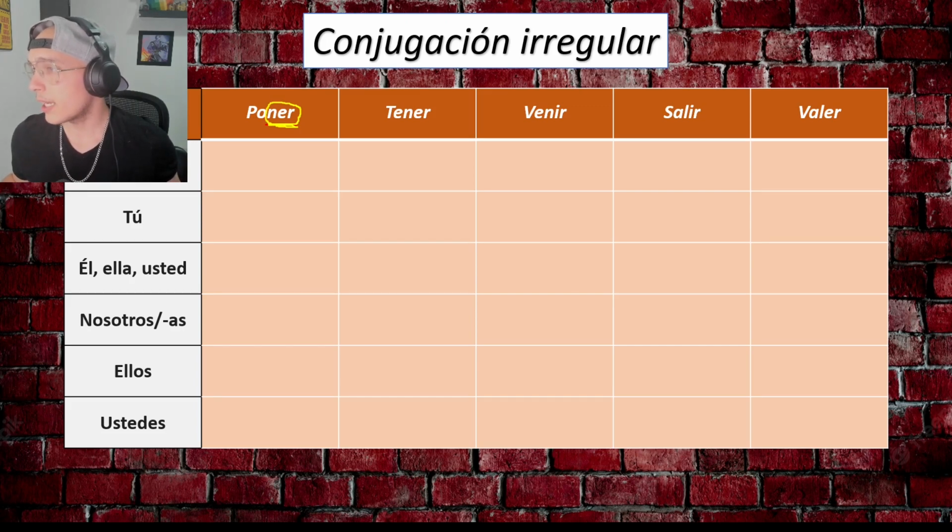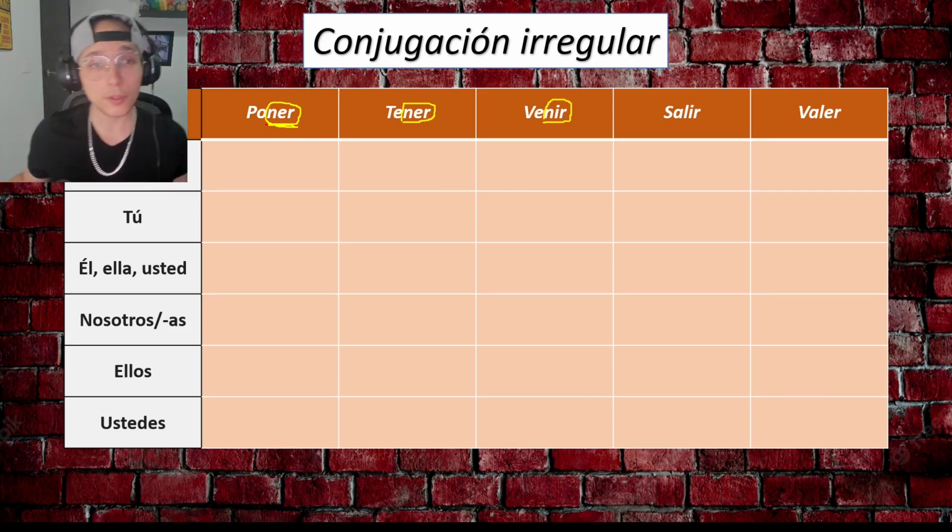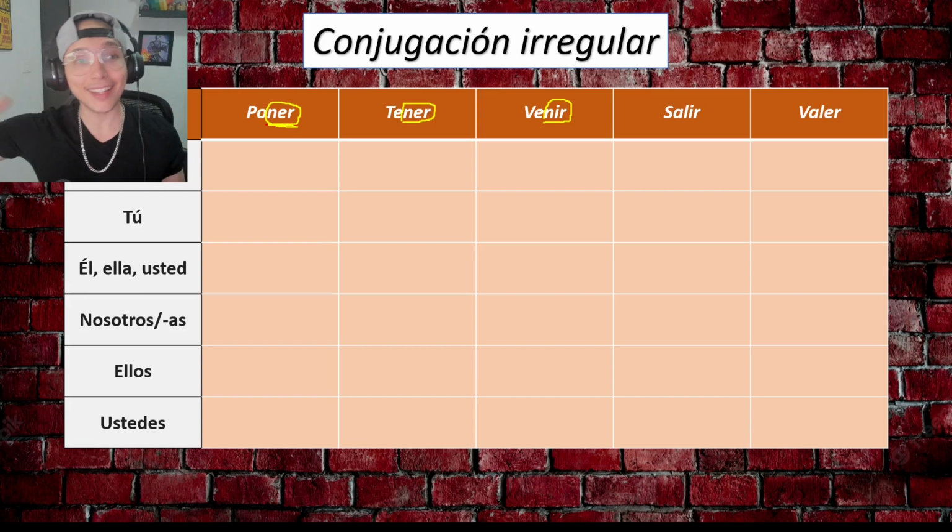Now, tener, to have, also ends in E-R. And we also have verbs ending in N-I-R, like venir. So we have poner, tener, venir. To put, to have, and to come. So this will be the first group we need to look out for. The verbs ending in ner and ending in nir.